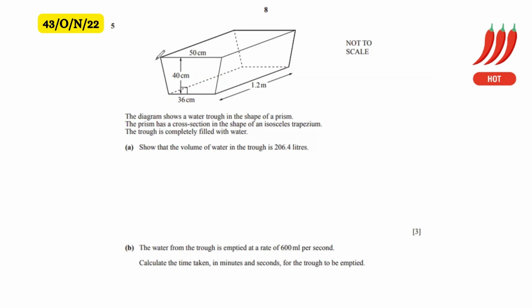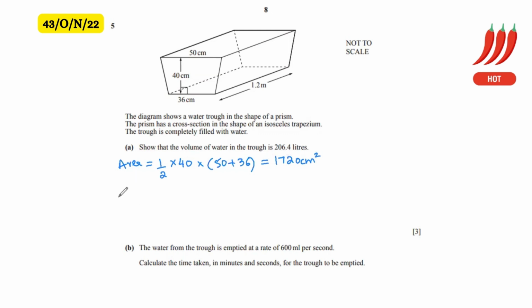So to find the area of the cross section, which is trapezium, we use 1 over 2 times height, which is 40, times sum of parallel sides, which is 50 plus 36. And that gives us 20 times 86, which is 1,720 centimeters square.